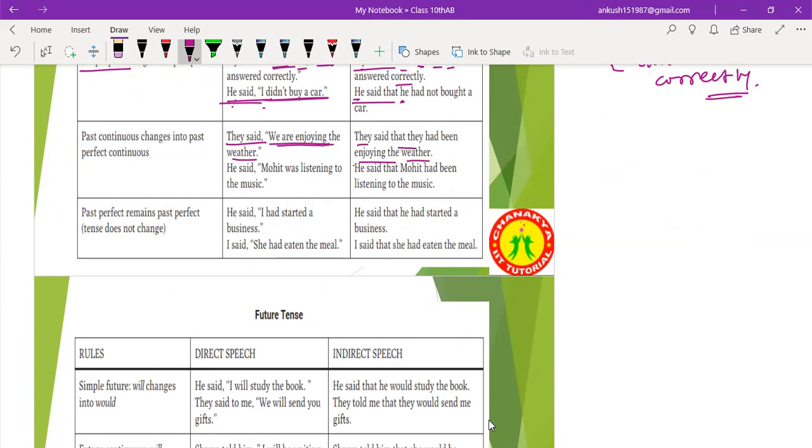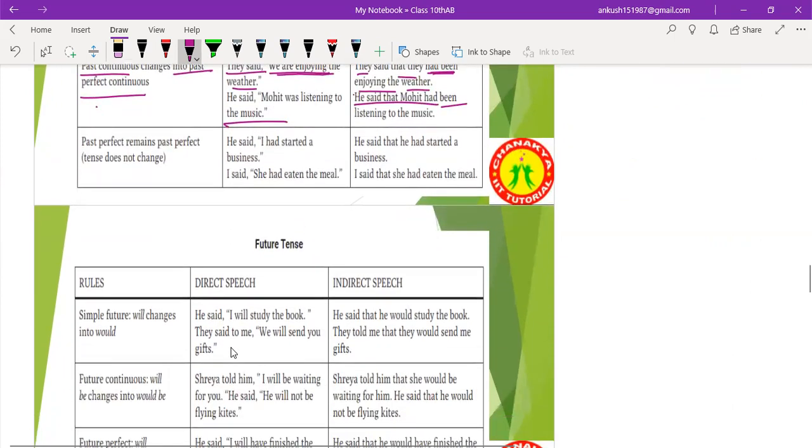Past continuous changes into past perfect continuous. So what is the formula for that? Had been plus the ing form of the main verb. He said, "Mohit was listening to the music." Means he said that Mohit had been listening to the music. Okay.